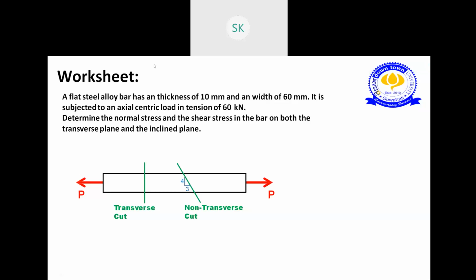Till then, I'll mark your attendance. I'll call the names as per chat. You just respond. Roll number 53.